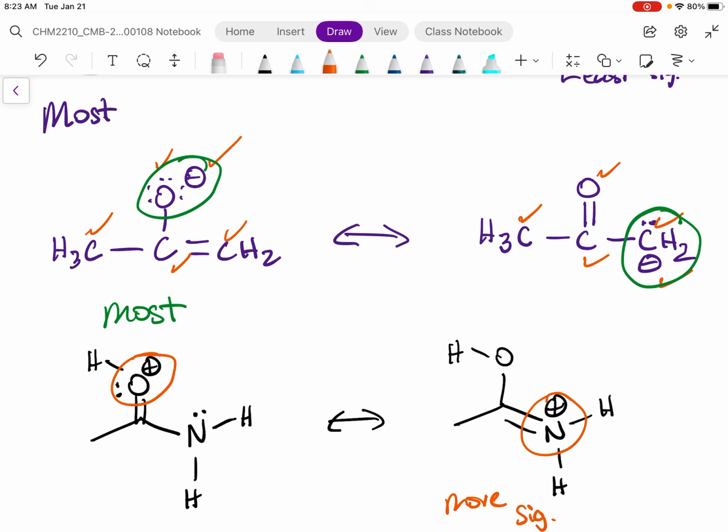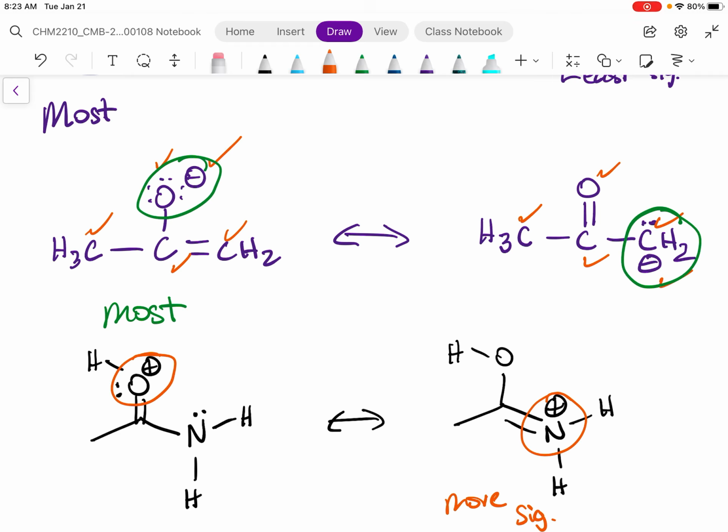Okay, now let's think about this logically here. Between those two atoms, nitrogen and oxygen, which one's the more electronegative atom? Oxygen. So it wants negative charge, but what does it have? Positive charge. Right? And because it's more electronegative, it's going to feel a whole lot more hurt when there are no electrons around.